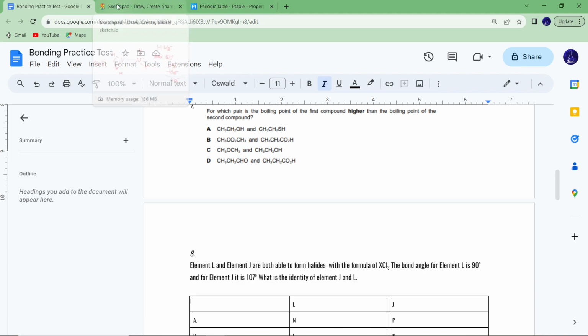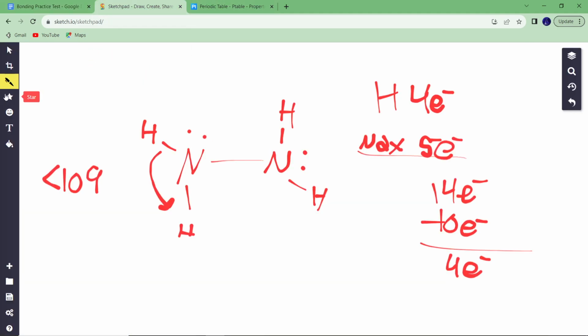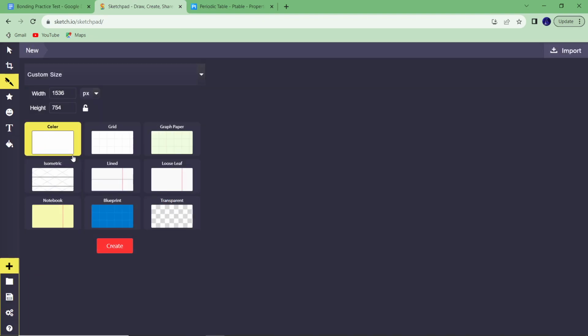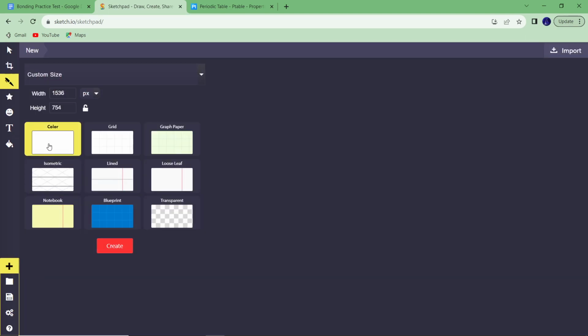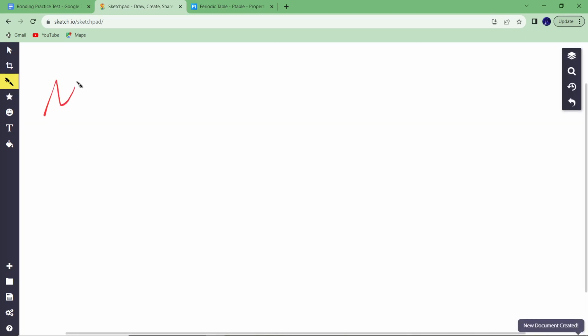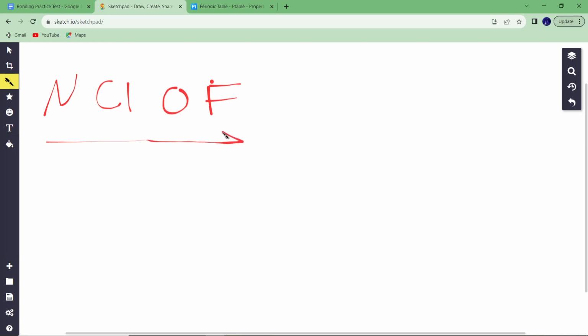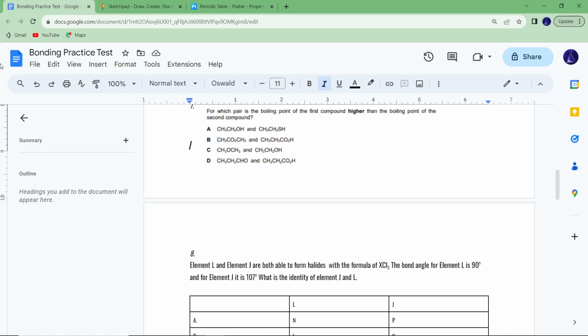And when I explained this, I told you that there was a general rule for our molecules. Let's refresh this one here. If we have nitrogen, chlorine, oxygen, or fluorine, all of these are going to be polar molecules. And as we go across, they're going to pull just a little bit more. So if we have a compound with one of these, we're going to think, oh man, that's probably a polar molecule.